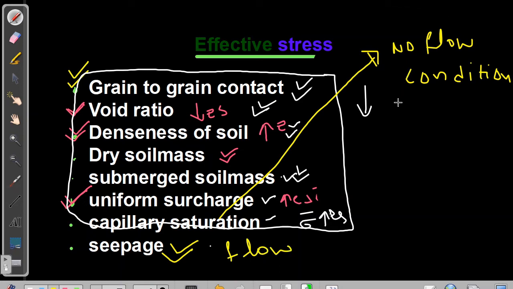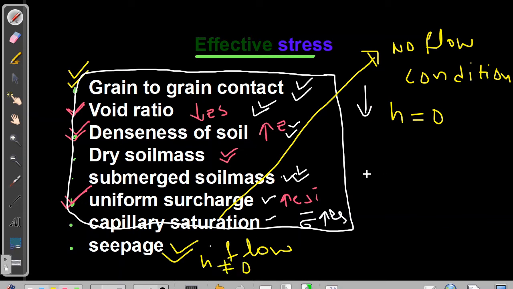Flow takes place if there is a head loss. In the no flow condition, head loss h is 0, but here head loss is not 0.